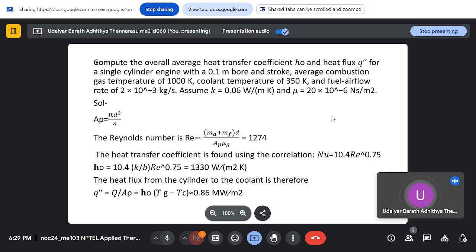Assume k as 0.06 watt per meter Kelvin and mu as 20 into 10 power minus 6 Newton second per meter square.